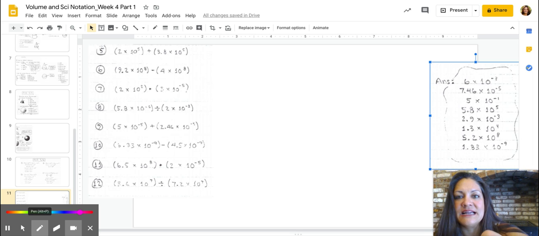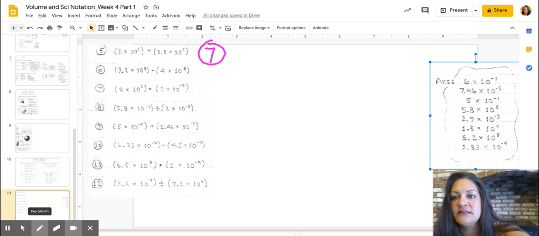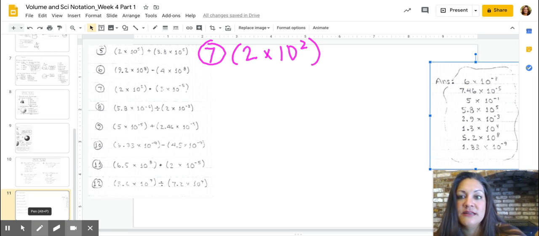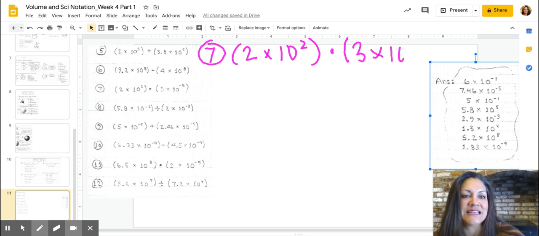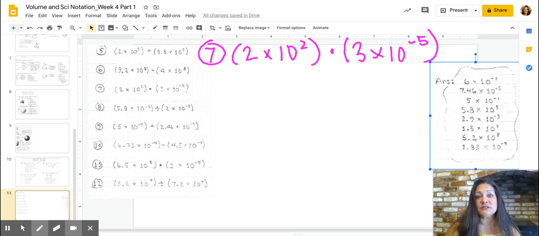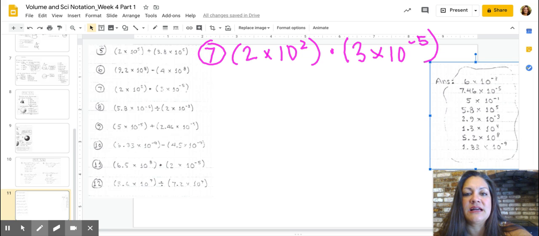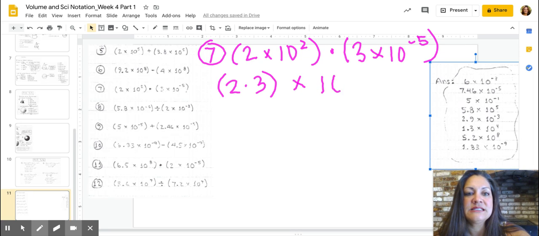Okay, number 7. 2 times 10 squared times 3 times 10 to the negative 5th. So I know when I'm multiplying in scientific notation that I'm going to add the exponents. So let's combine our like terms. So that will give us 2 times 3 times 10 to the 2 plus negative 5.